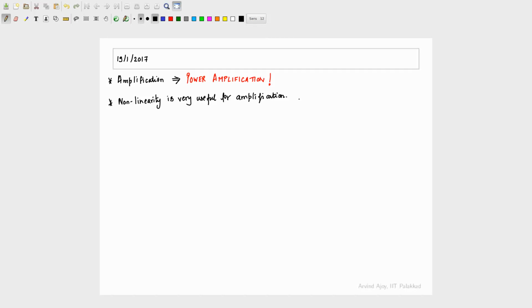All right, then. Just to see, in some very crude way, how nonlinearity is useful, take an amplifier, take a circuit. Say I have an input x of t, and let me say x of t is some v_in sine omega t.